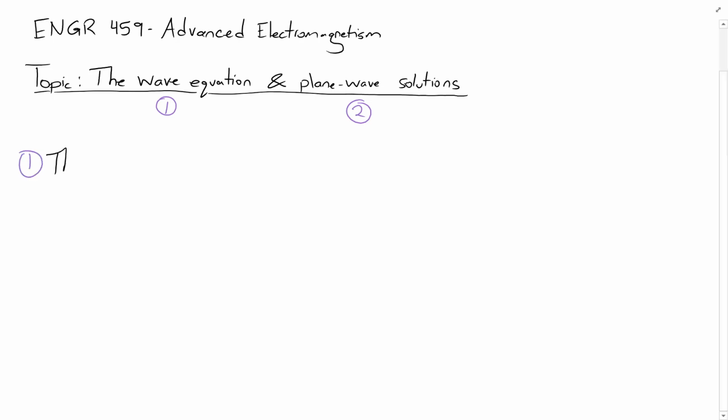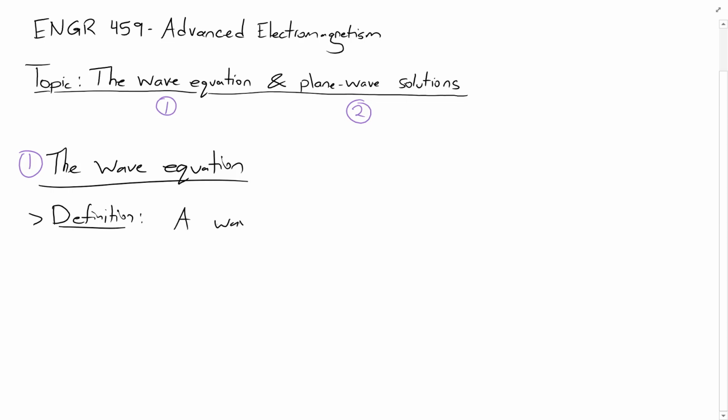So first, the wave equation. To describe a wave, I'll first just use a definition. That being, a wave is a spatial disturbance that moves at some velocity.